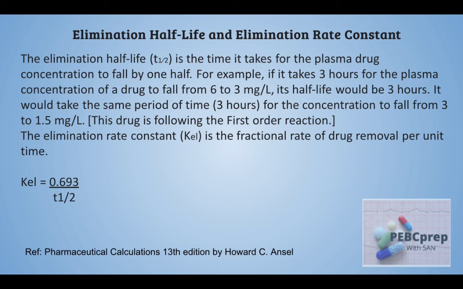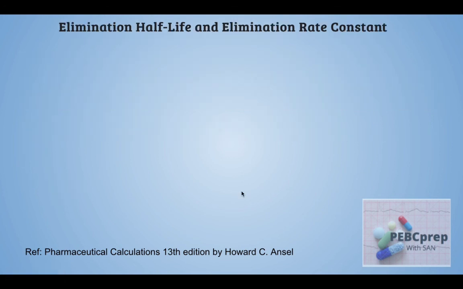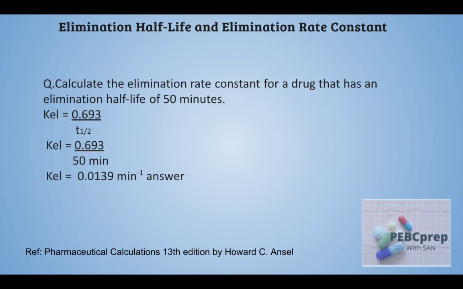And the elimination rate constant for first order reaction is, K represents the elimination rate constant and EL means elimination, K_el equals 0.693 divided by T half-life. Let's see an example. Calculate the elimination rate constant for a drug that has an elimination half-life of 50 minutes.